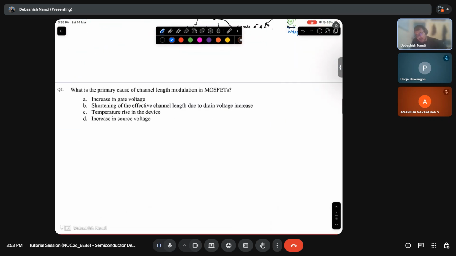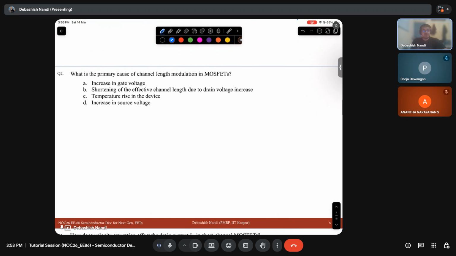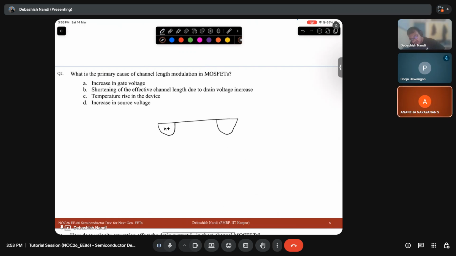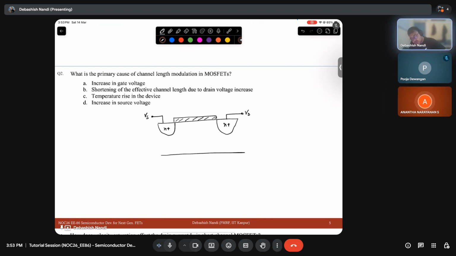Then, what is the primary cause of channel length modulation in a MOSFET? Channel length modulation means shortening of the channel length due to drain voltage increase. So why does that happen? Because the drain becomes more reverse biased, which means the depletion width would actually increase on the drain side.